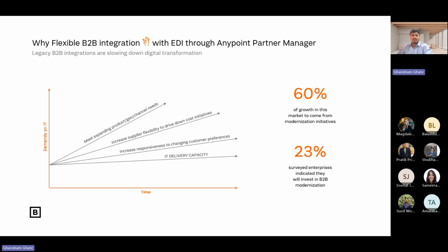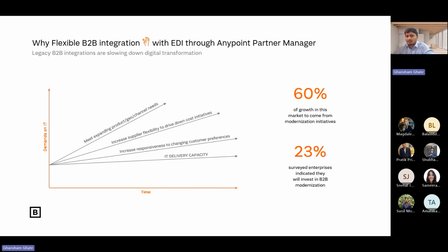So the demand is constantly growing for various reasons, and the IT delivery capacity is not growing as expected with the demand. So we need a modern approach to meet this growing demand and, with similar delivery capacity, simplify B2B integration. There is a clear gap here.